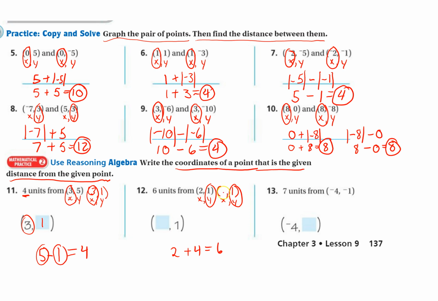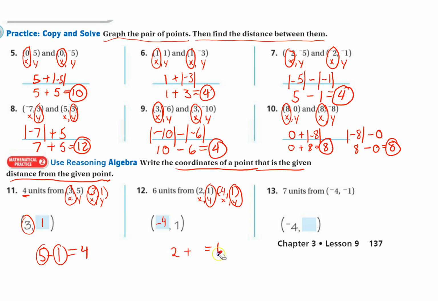So does that mean I put 4 here? Well, think about it. If I put a positive 4 right here, that would mean both signs are the same. So I would actually need to subtract. Okay, so since I want to add, I want this to be a negative 4. Negative 4, 1.